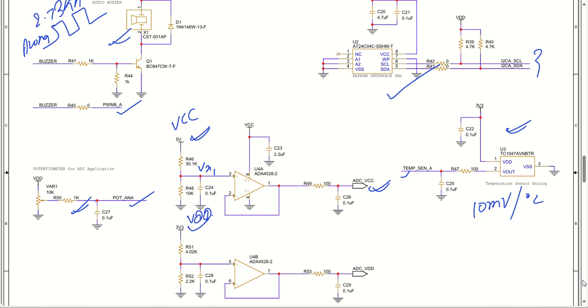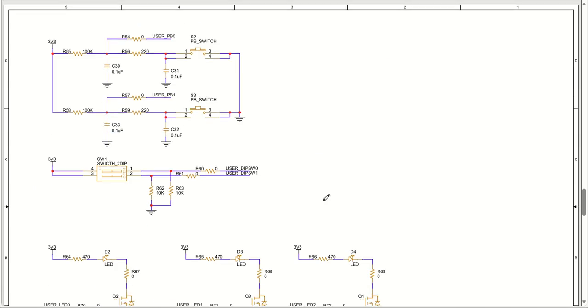Let's move to the next one. We have some of the IOs used for user push button 0 and user push button 1. Whenever the push button is pressed, it gets grounded, so the microcontroller pin user PB0 receives a 0.